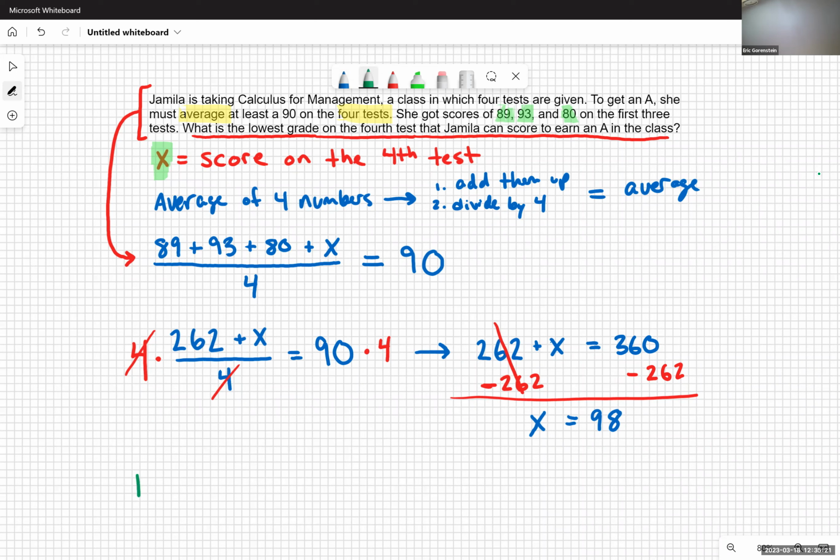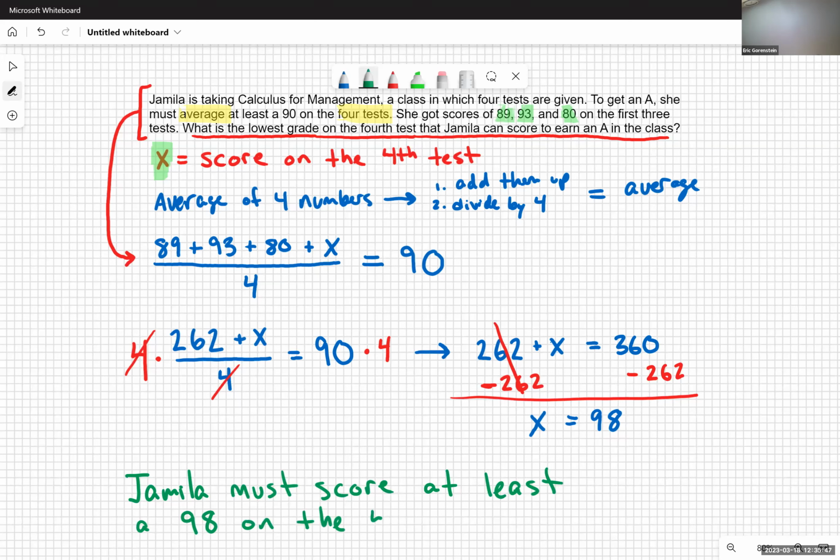So for the final answer, I'm going to say Jamila must score at least a 98 on the 4th test. And what I just have written here in green, that is our final answer. It's a word problem. Again, your final answer should be in words.